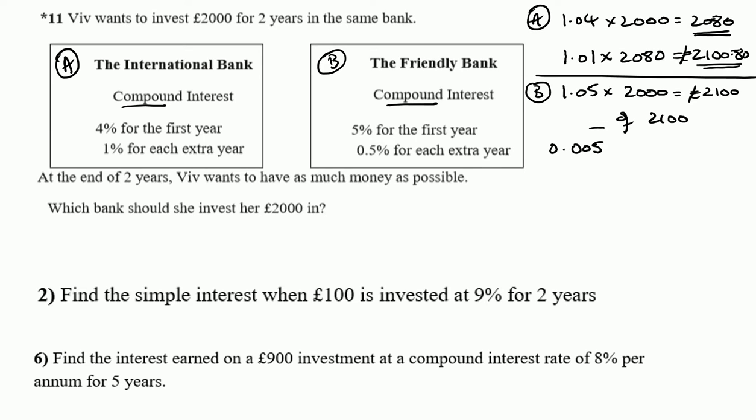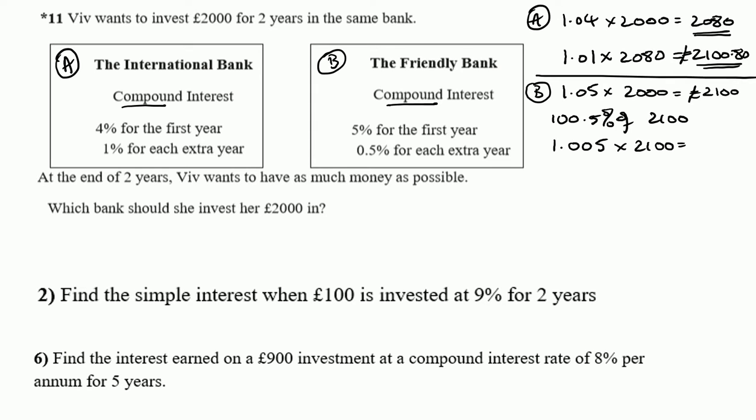Sorry, I've made a little mistake there. Let's go back and correct that. We want to increase by 0.5%. So I want 100.5% of the 2,100. That is 1.005 times 2,100.